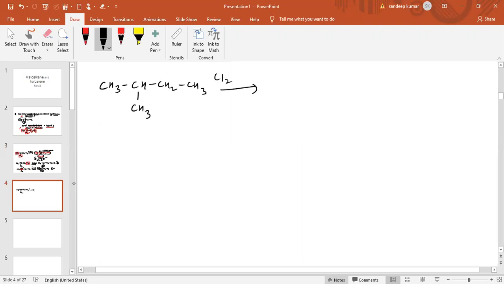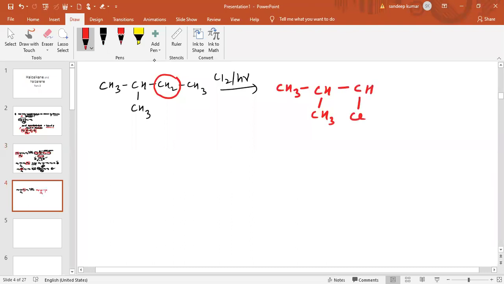On chlorination, meaning reaction in presence of Cl2 and light, I am targeting this hydrogen. When Cl replaces this hydrogen, the product obtained is CH3CHClCH2CH3.